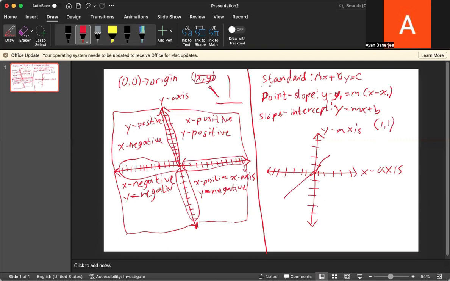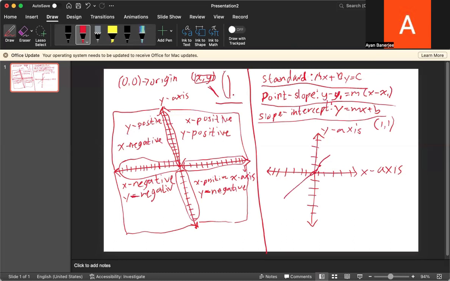We have a standard form of a line, the point-slope form of a line, and the slope-intercept form of a line. So the standard form is ax plus by is equal to c, where a and b are never both 0.